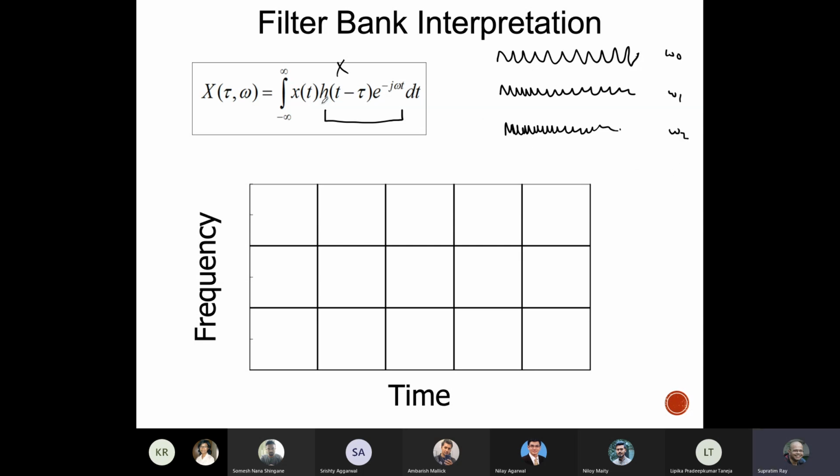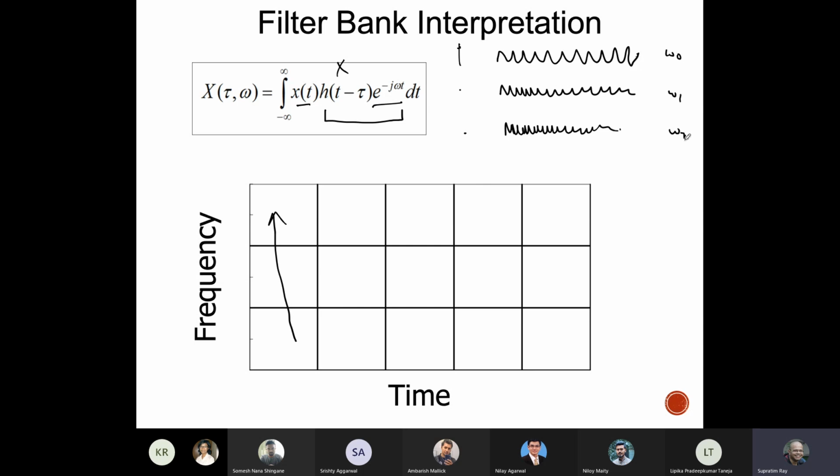And all you are doing is asking how well the signal resembles this. So you're taking the inner product of this with that. And whatever is the value, you're putting that. So you're getting a value here, a value there, a value there. And that's your value along this axis as a function of frequency. Okay, it's flipped here.